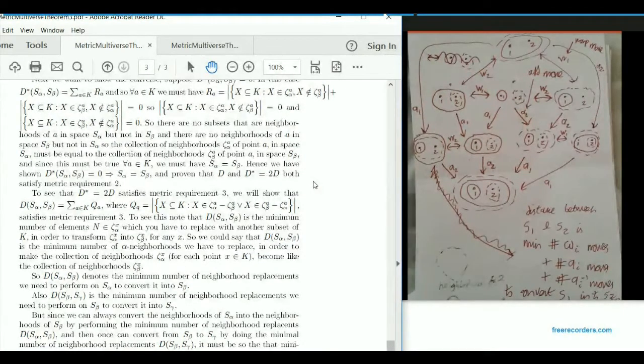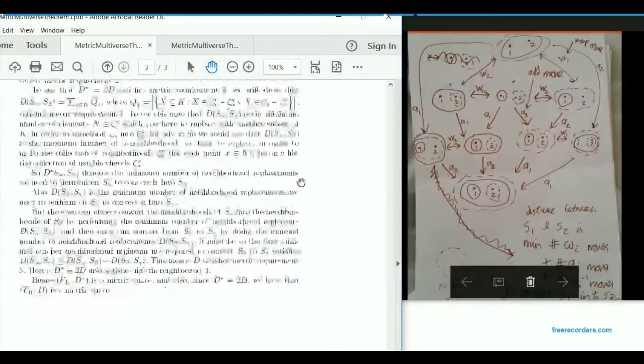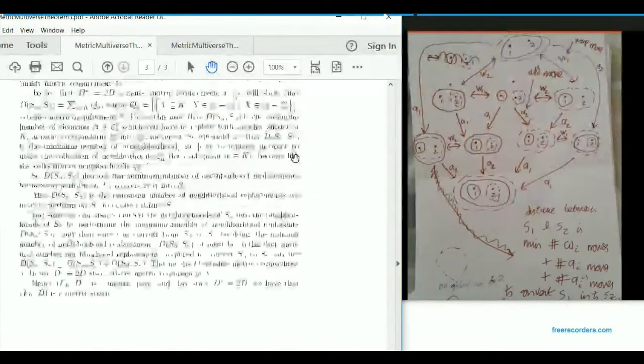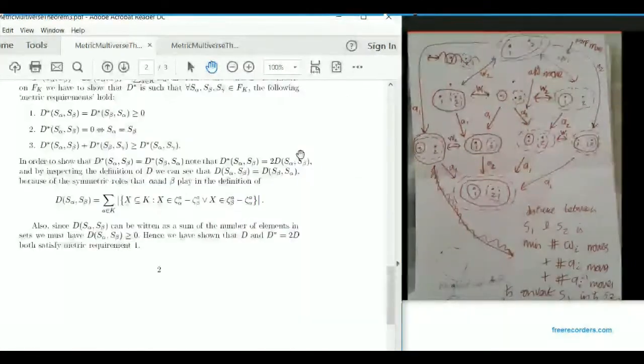But surely the minimal number of symbol conversions you need to convert S alpha to S gamma is going to be less than or equal to the shortest number of operations you need to get from alpha to beta plus the shortest number of operations you need to get from beta to gamma. Now, the number of operations you need to get from alpha to beta, that's just exactly what we define as d of S alpha, S beta. So that's the basic point of the thing. That's how hopefully the argument works.